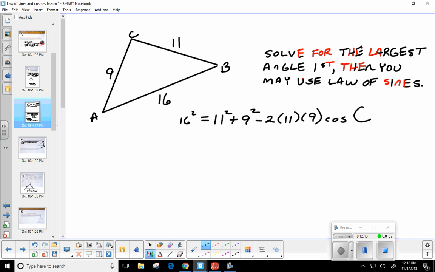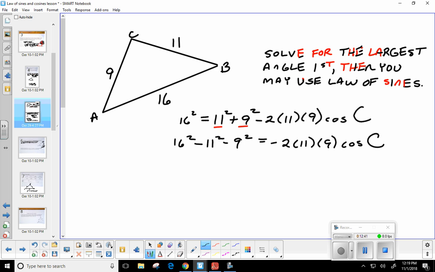Anyways, let's go ahead and do exactly what we did a moment ago. What would be the first step to get cosine of C by itself? So these two individual terms, we're just going to subtract them over. So 16 squared minus 11 squared minus 9 squared equals the negative 2 times 11 times 9 times the cosine of C. Now what?